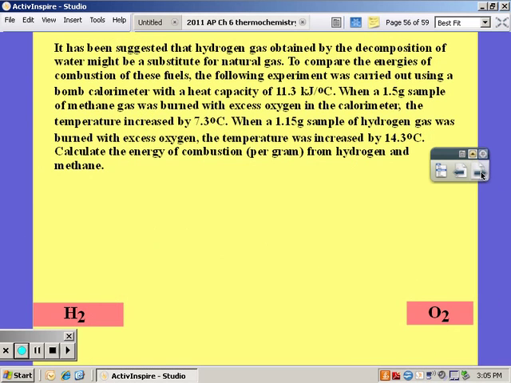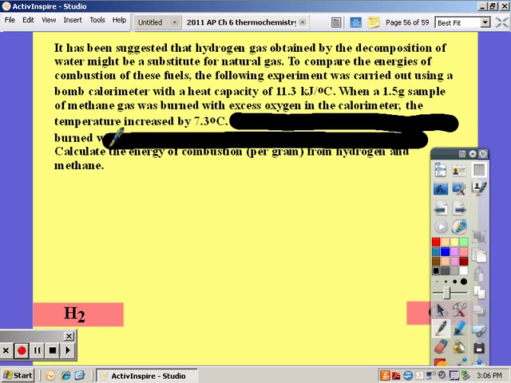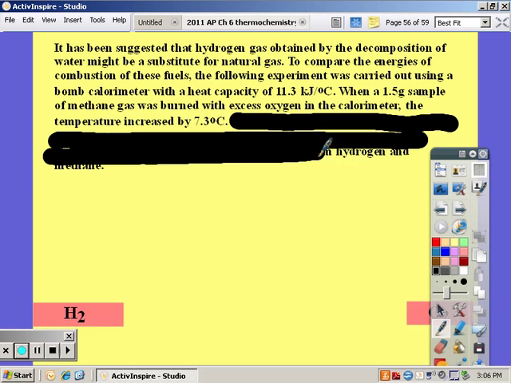So here we're looking for hydrogen and methane's heat of combustion per gram. First we're going to pull off all the information for methane, so we can ignore all of the hydrogen information.